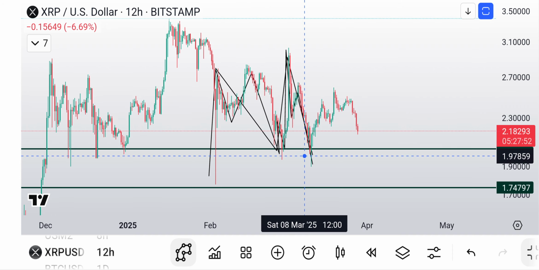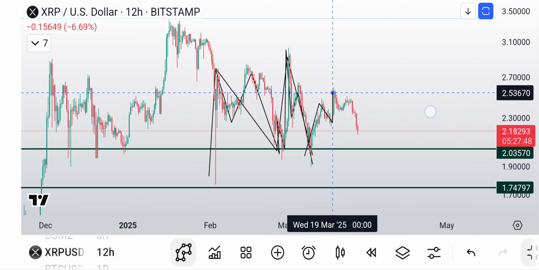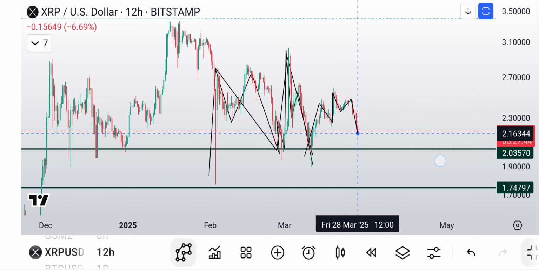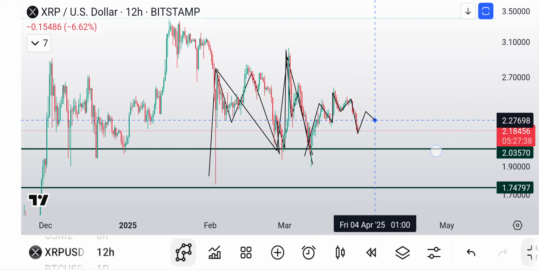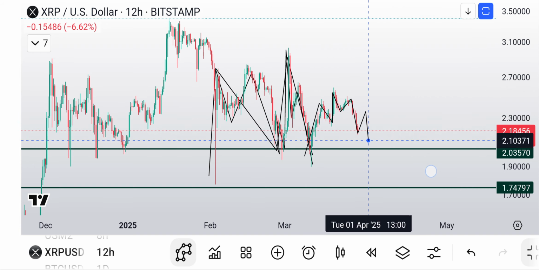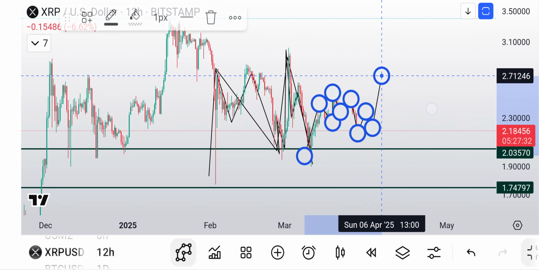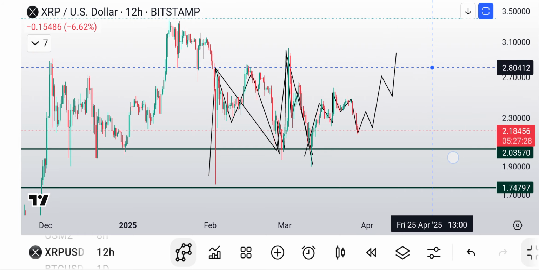And now we have 3 waves up in a different degree, and then this is 3 waves, or maybe it could be 5, we don't know yet. 3 down. So we have 3 up, 3 down. Maybe we can get 1, or once this finishes, right? Maybe it has to come down a little bit more, but we can get 3, 4, and 5.